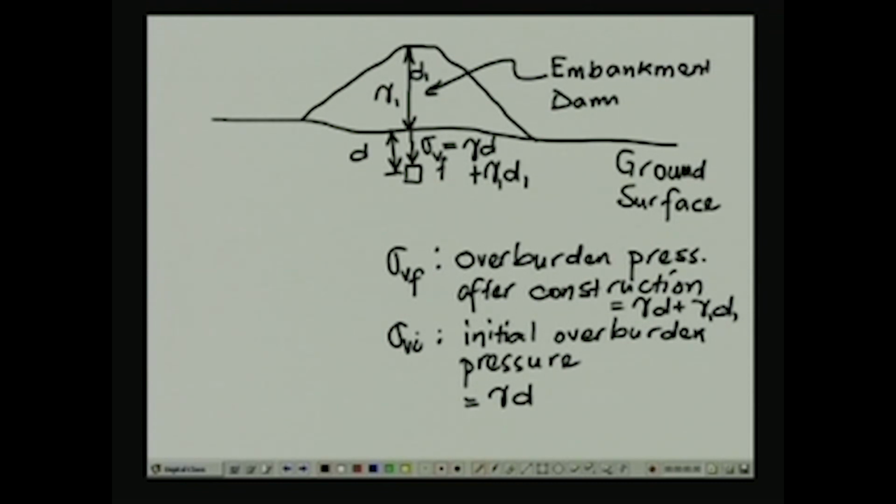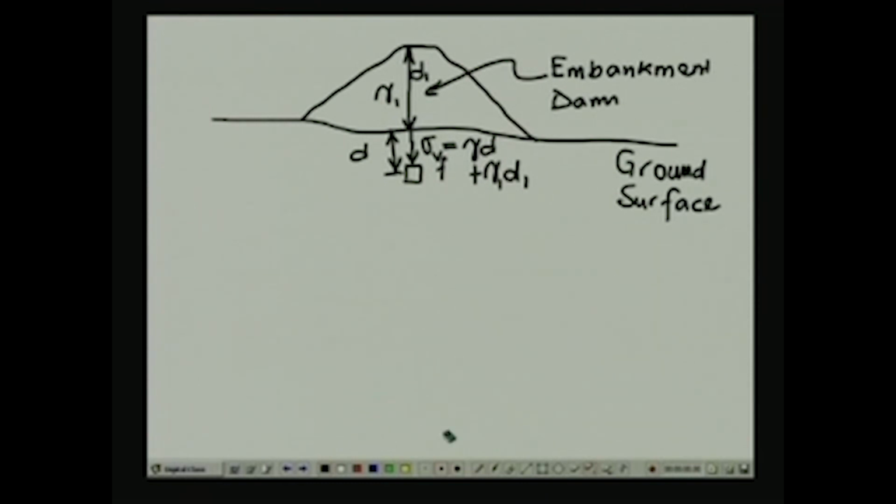Now, what happens as you go down deeper is that the effect of the weight of the embankment decays with depth. So, if you consider the final overburden pressure, then as you go down deeper, let us erase a little bit more in order to get clarity.